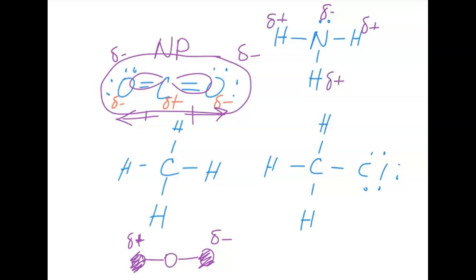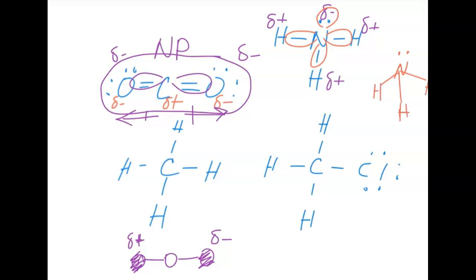The next one, ammonia. Ammonia, nitrogen surrounded by 3 hydrogens, and the difference in electronegativity shows us that hydrogen has a partial positive charge and nitrogen has a partial negative charge. So there are 3 bonds, and they are all polar. But look at the shape. The shape of the electron groups is tetrahedral, but the shape of the molecule is trigonal pyramidal because nitrogen has a lone pair which pushes all 3 bonds away.